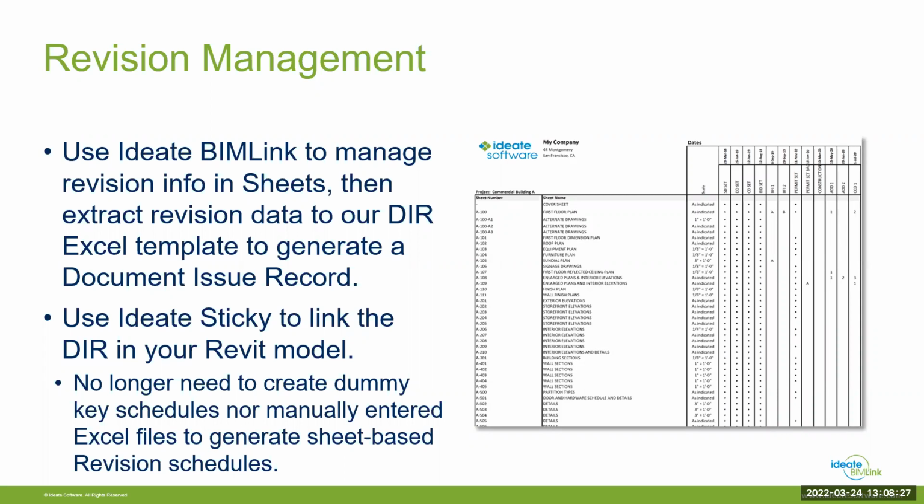And one of the downsides to managing revisions in Revit is most of the folks that we talk to have a need to basically list all of their sheets in a project in a schedule format, and also list each revision that exists on those sheets. And unfortunately, Revit doesn't do that. Basically, Revit only allows you to schedule the current revision.